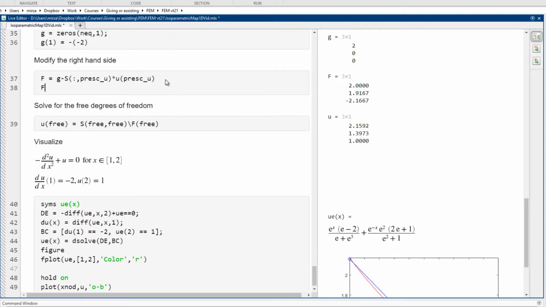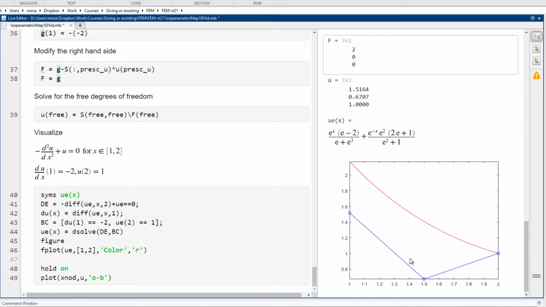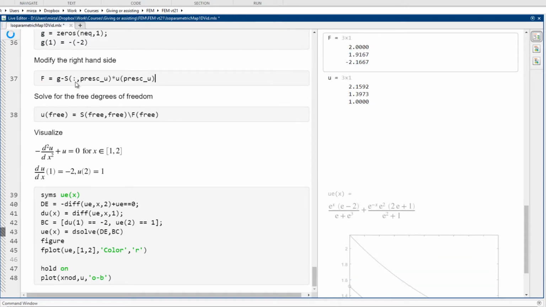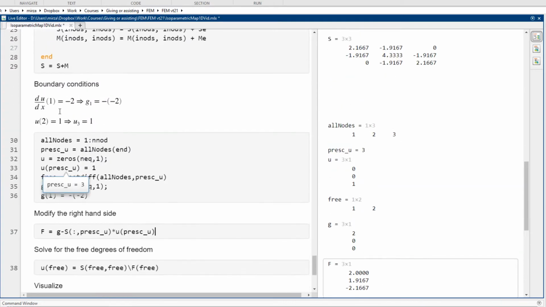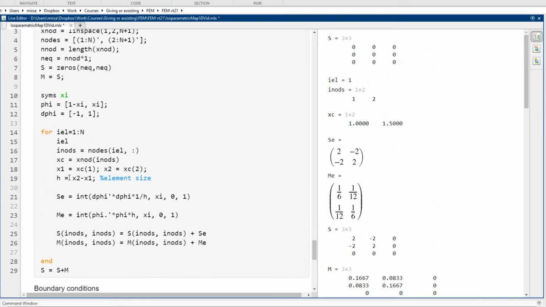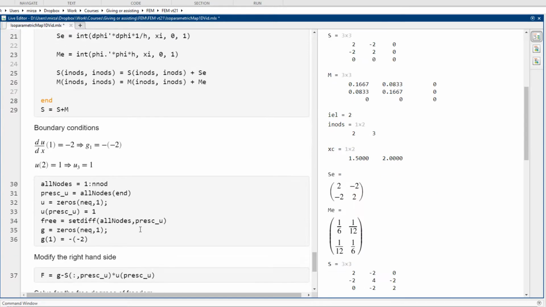Then f is equal to g, and you get this. It's just taking this into account, but it's really shifting the whole solution in a direction here. Those are the typical mistakes that you can make, and you can play around with this and add more stuff. So this is the first example.